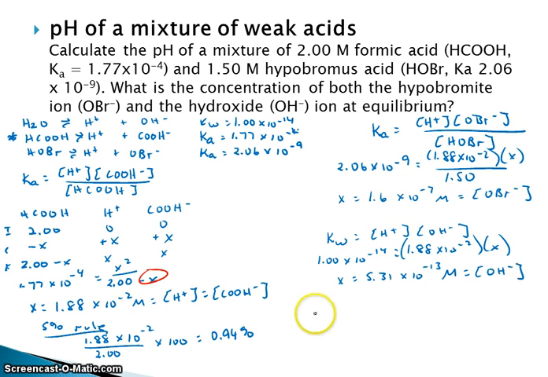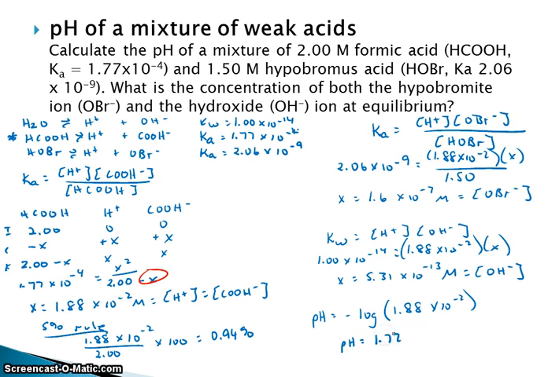Now the last thing we need to do is calculate the pH. So the pH is going to be the negative log of our hydrogen ion concentration, which again is that 1.88 times 10 to the minus 2 value, and we're going to get a pH of 1.72.